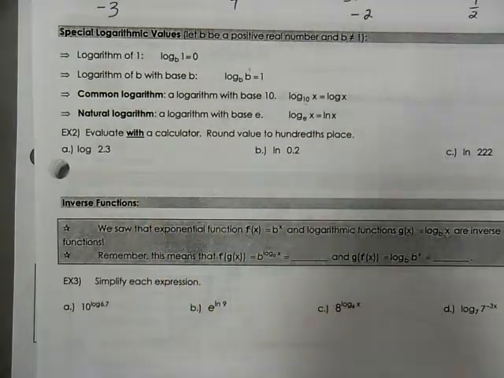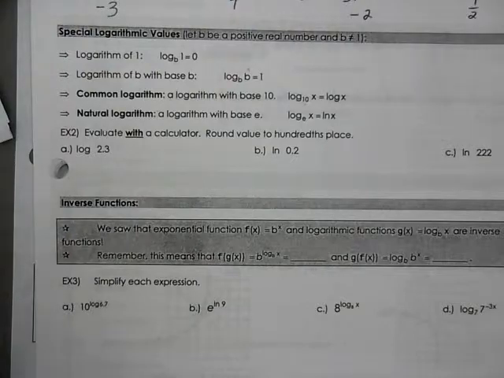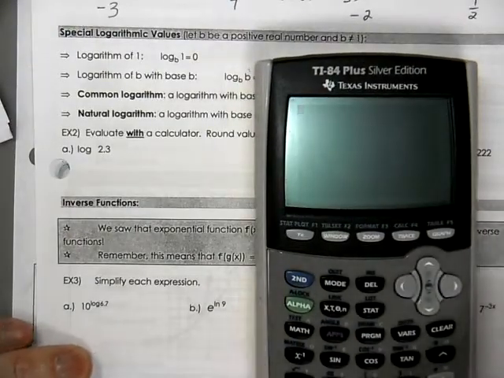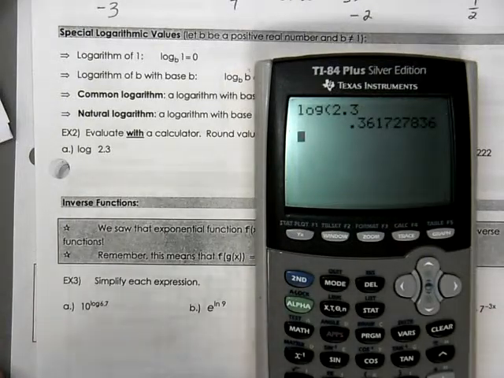Now we're going to evaluate several of these using a calculator. The log button is right next to the 7. Log of 2.3.